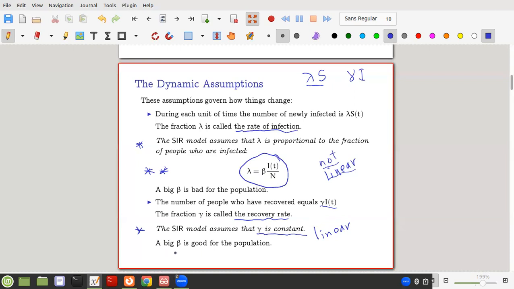And the whole deal is that a big gamma is good for the population, because the quicker that people recover, the larger this gamma is, the fewer people are infected. So the fewer people are infected, the fewer people are going to get sick in the next turn. So if you can get people out of the infected state quickly, but that depends on the disease. Okay, so that's our assumptions.